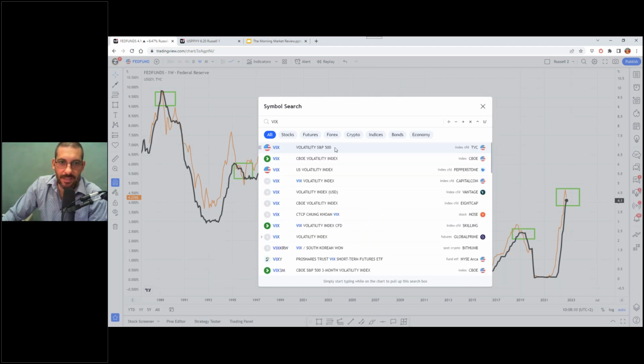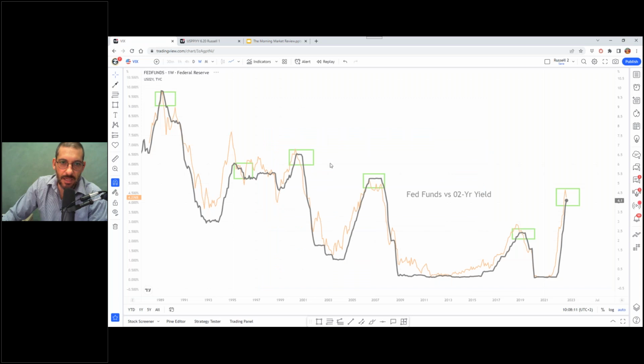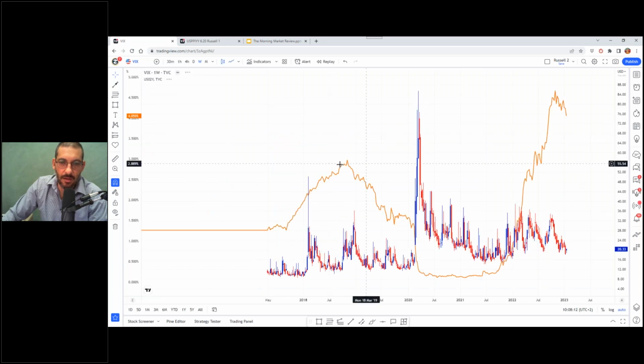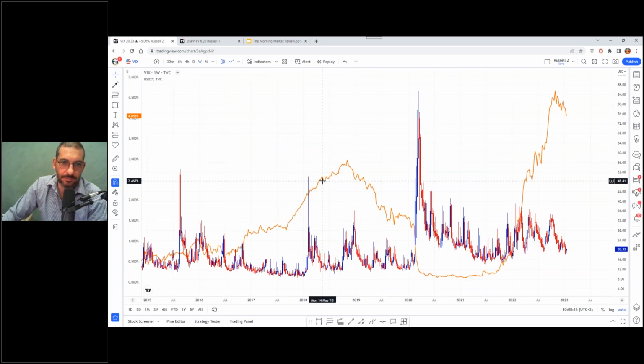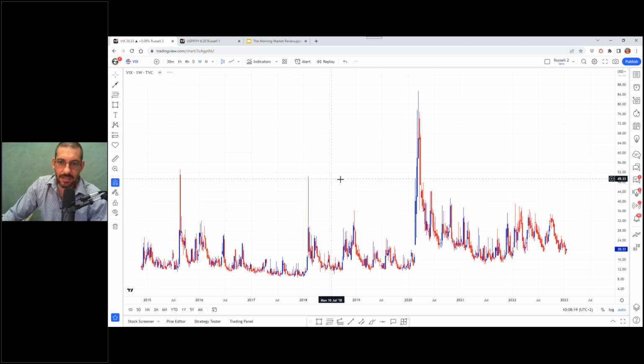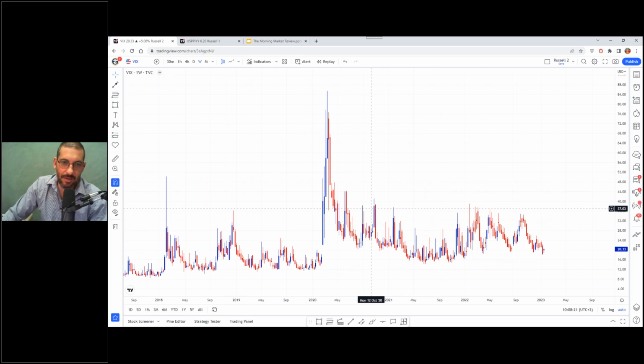What it effectively is, is a measure of options on the S&P 500, and it is effectively a measurement of put versus call options. Put options, if they increase, you'll see the VIX move up. Call options, you'll see the VIX move down.